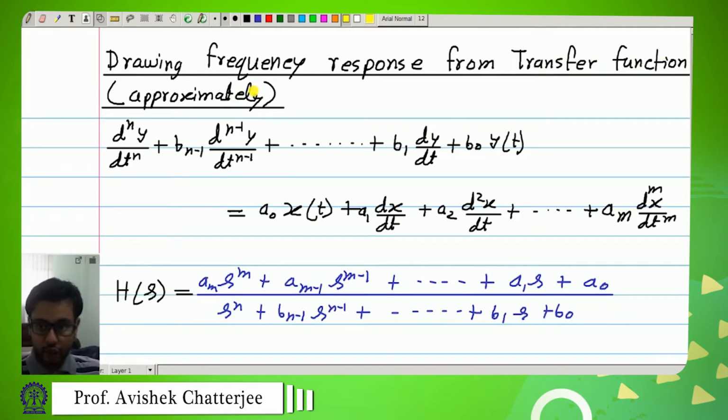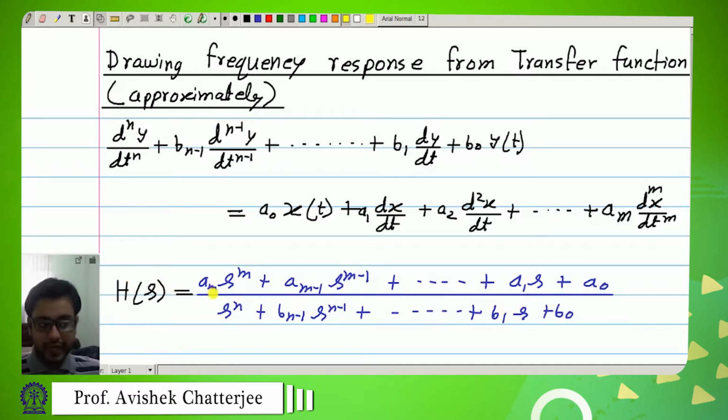And this method will be applicable when the transfer function is of this form, that is the ratio of two polynomials of S. And recall that when the output-input relation of a system can be represented with a differential equation like this, then the transfer function will be of this form. We have seen this yesterday.